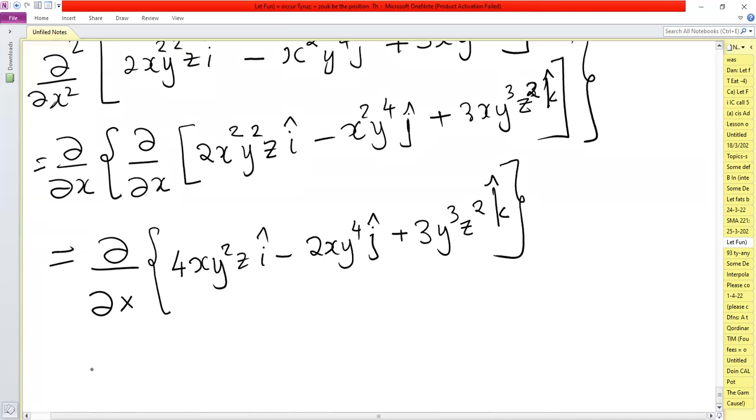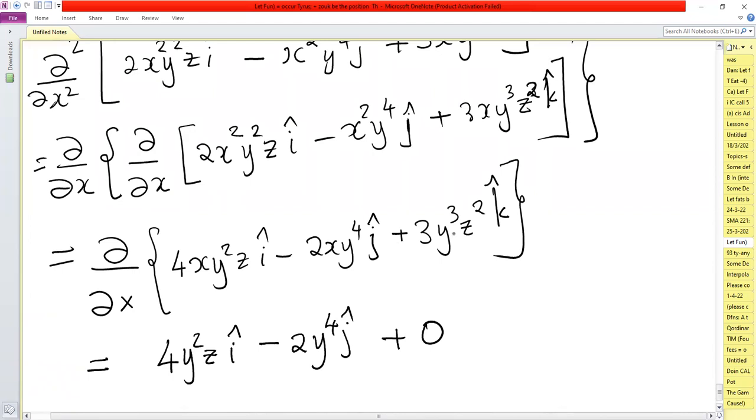Then further, this will give us 4 y squared z i, and then minus 2 y power 4 j plus, actually this will be 0 because there's no x.